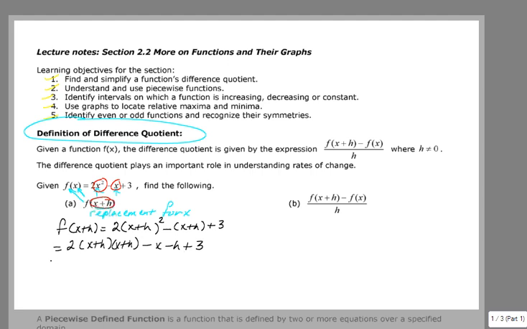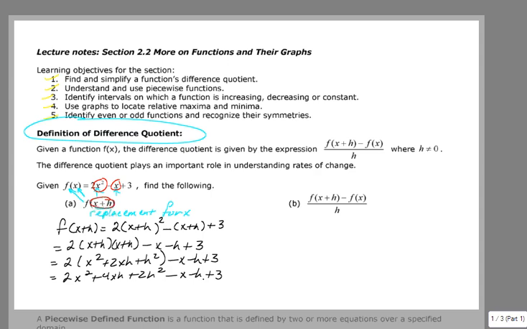So let's FOIL that out and multiply it by 2. 2 times x squared plus 2xh plus h squared minus x minus h plus 3. And finally, let's distribute the 2. 2x squared plus 4xh plus 2h squared minus x minus h plus 3.